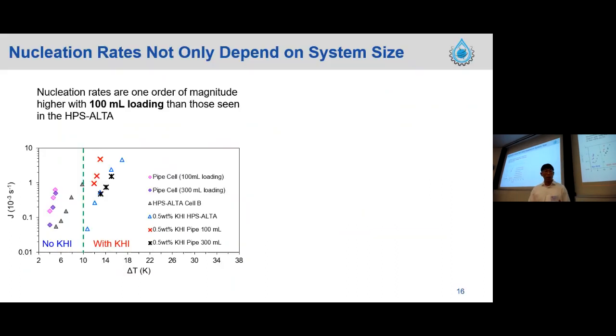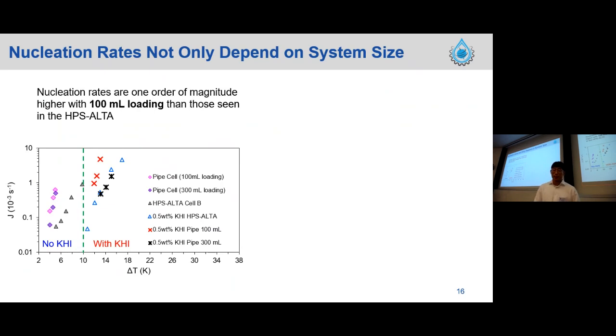This nucleation plot shows the nucleation rate we obtained from the no-KHI and with-KHI systems. The left-hand side of the green vertical line is no KHI, the right-hand side is with KHI. But with KHI, we still observe that HPS alpha has a much higher nucleation rate than the other because it's larger.